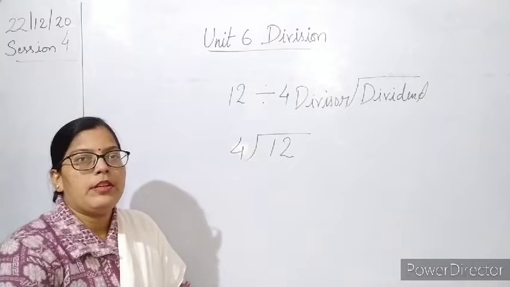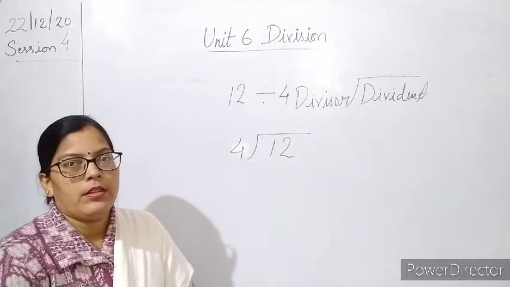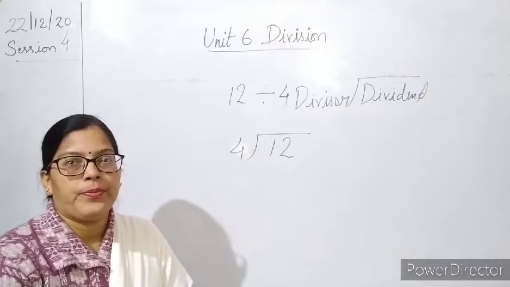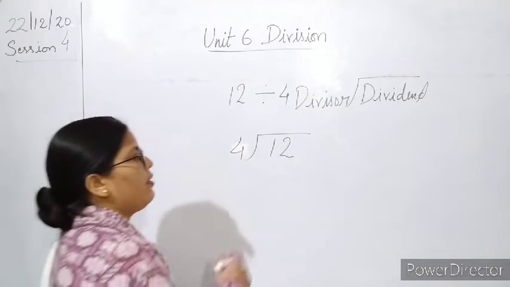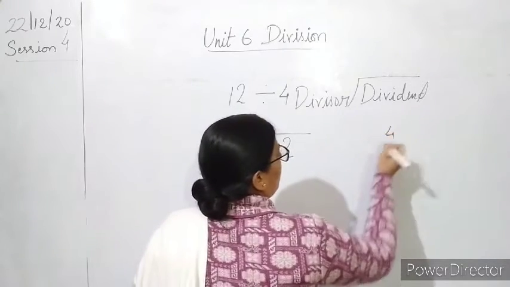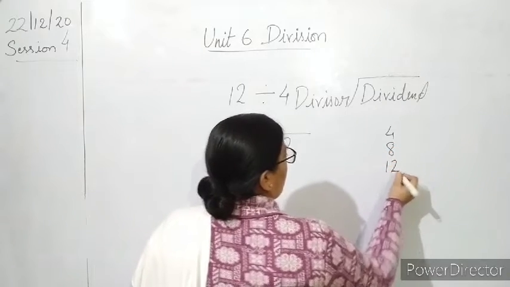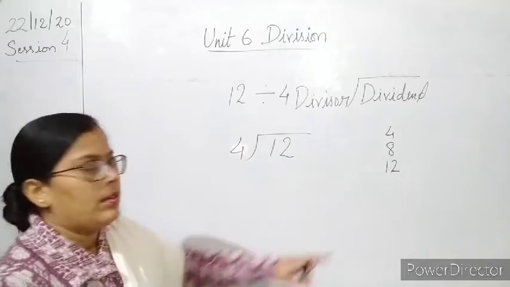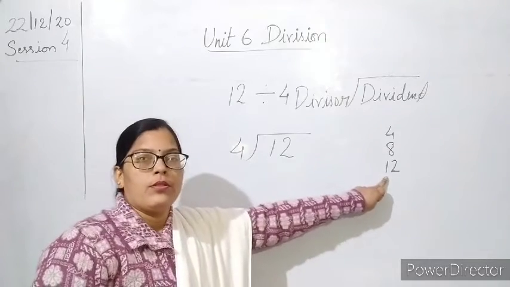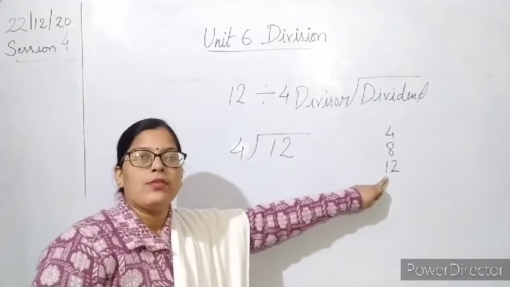You have to recall the table till you get 12 in the table of 4. Okay, so let's start. 4 ones are 4, 4 twos are 8, 4 threes are 12. We get 12 in the table of 4 at 3 times.